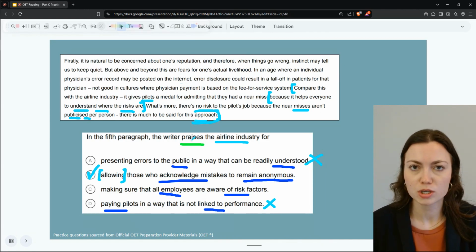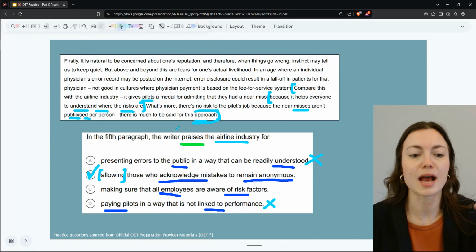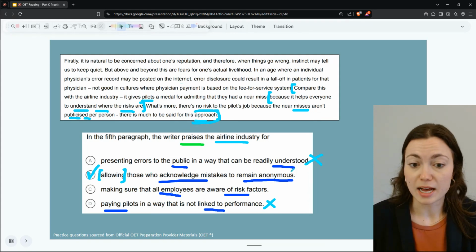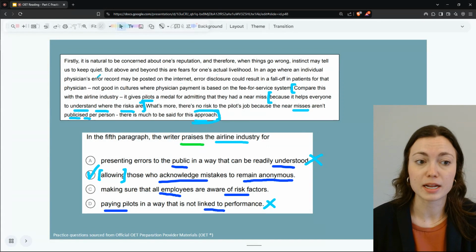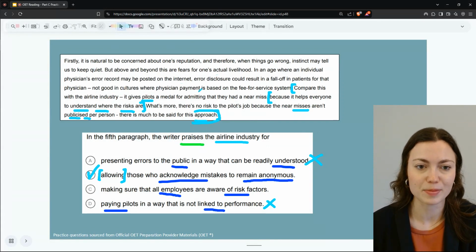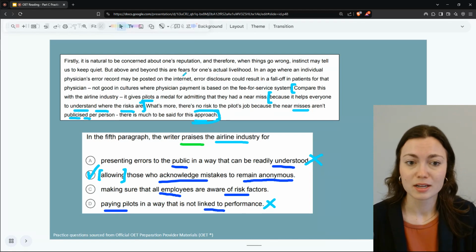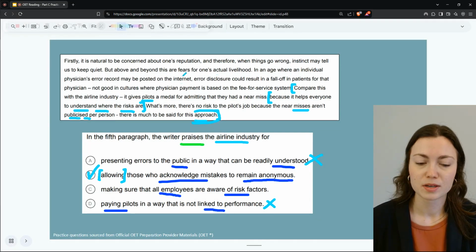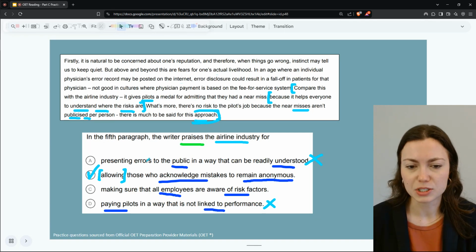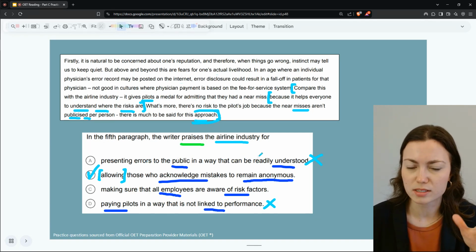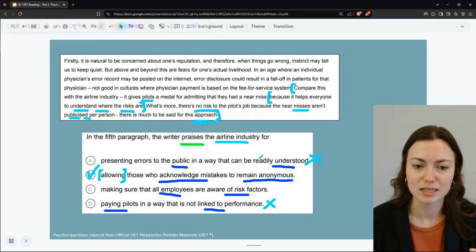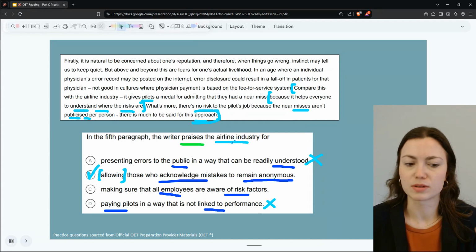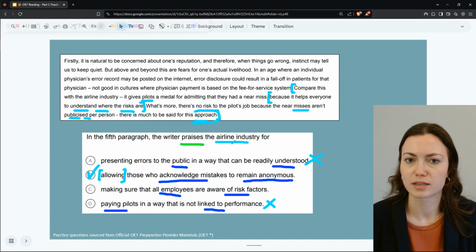The approach means they are actually being active about it, allowing that to happen. And we see that is what he's saying is a good thing, right? And contrasting it to the not good thing that's happening in the first few sentences where everyone is assessing what will happen if I do disclose this information. Let me know if you need more clarification on that. That's a very nuanced difference between B and C, again, the activeness versus what is the result of it or what happens after that.